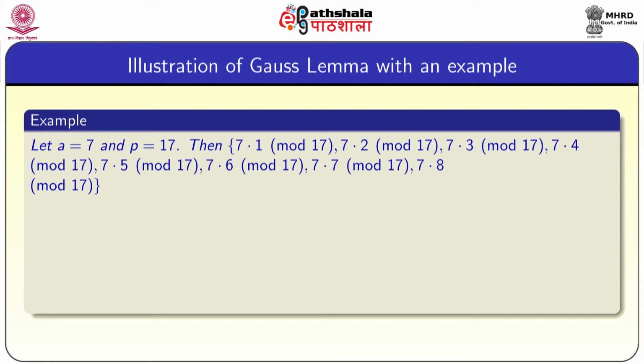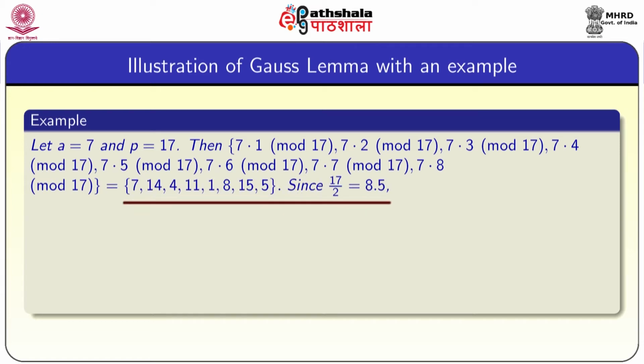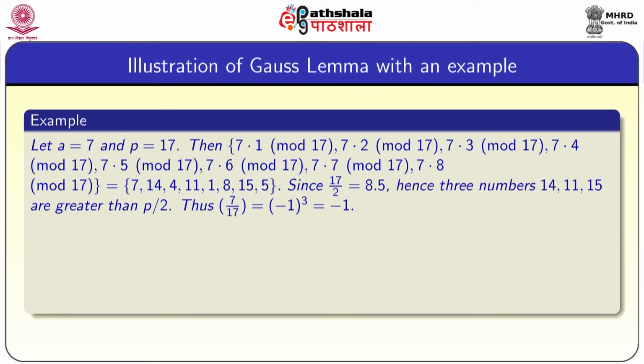It is because p is equal to 17, so we have to go up to (p minus 1)/2, that is 8. If you consider these numbers, they are equal to 7, 14, 4, 11, 1, 8, 15, 5. Since 17/2 is 8.5, we went up to 8 only. Hence, only the 3 numbers 14, 11, 15 are greater than p/2.